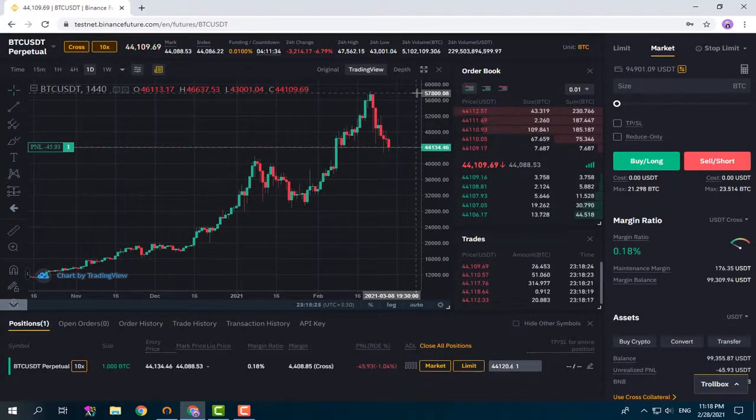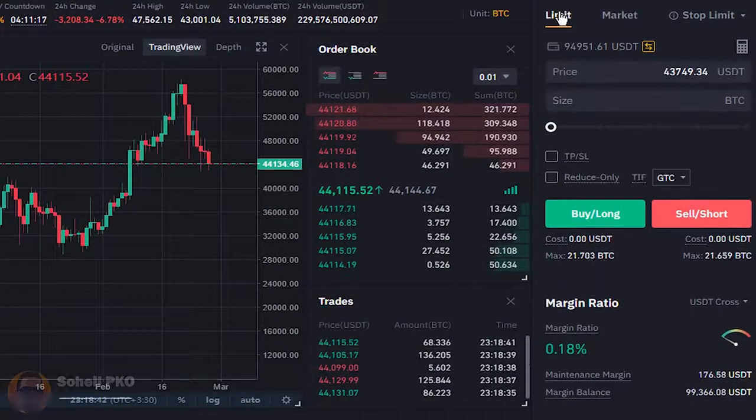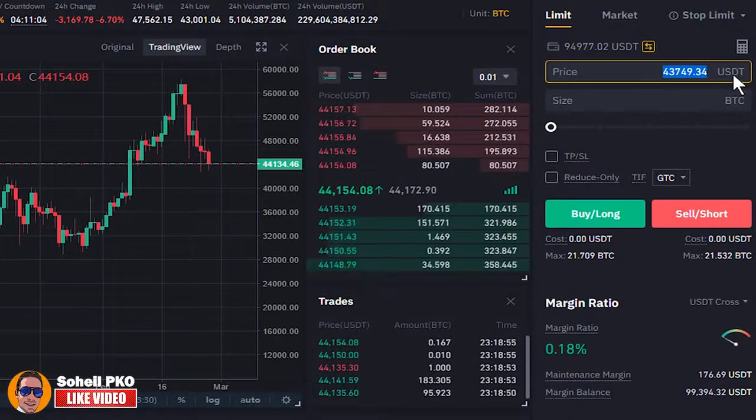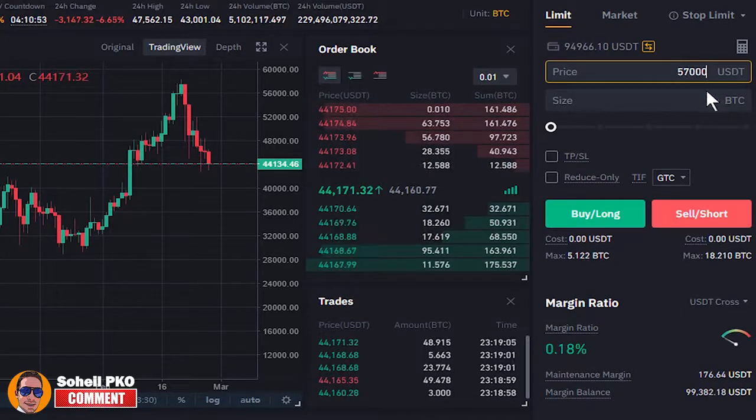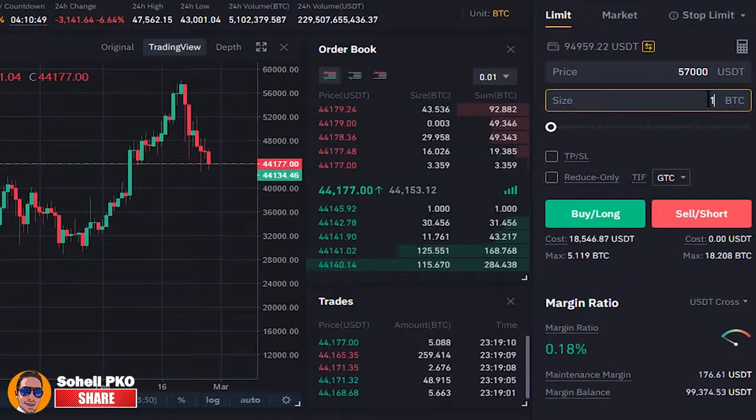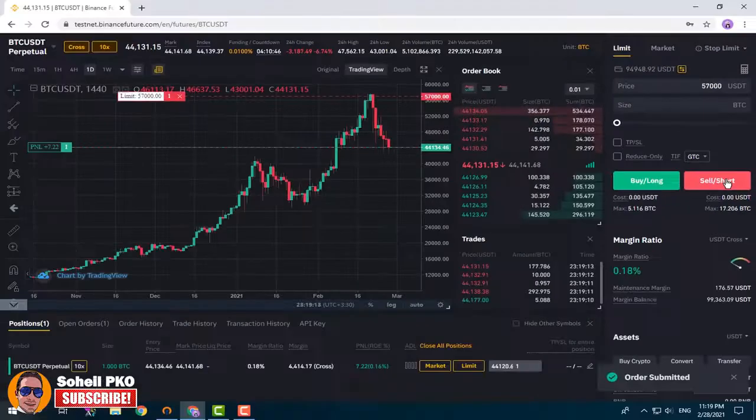What does this mean? This means that we must place an opposite order, a short position with the same size, 1 Bitcoin, to close this position. So we go to the limit tab, we set the price to 57,000, we enter the size 1 Bitcoin and we click on sell short, order submitted.